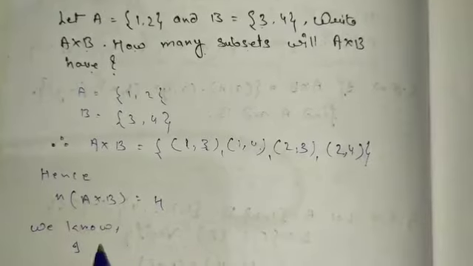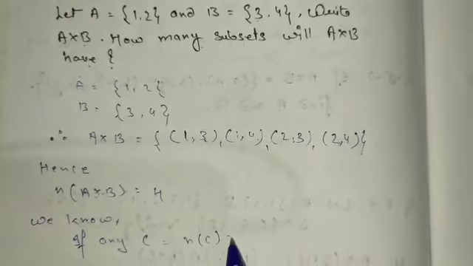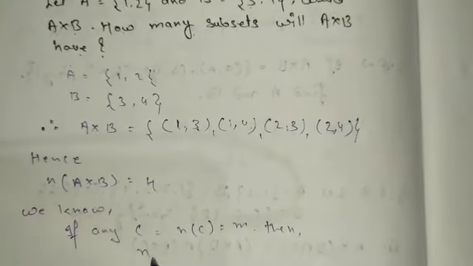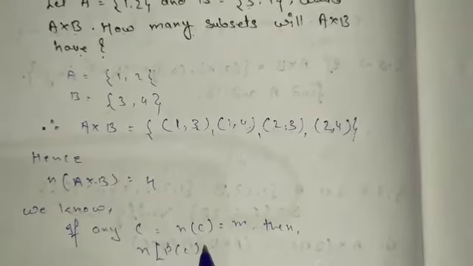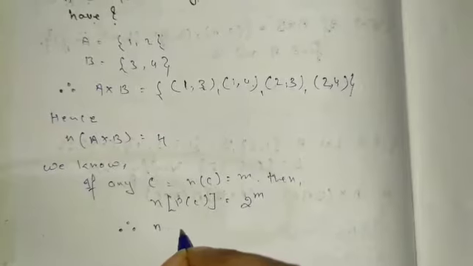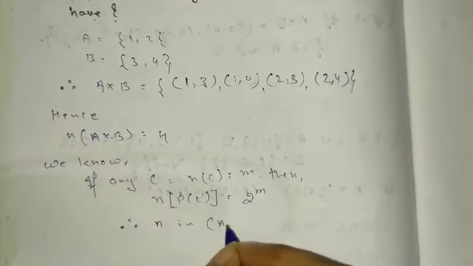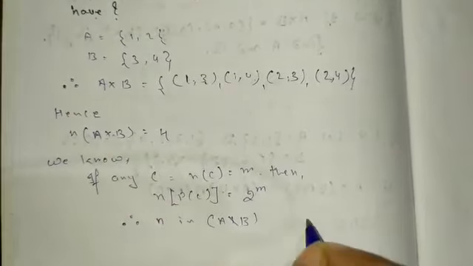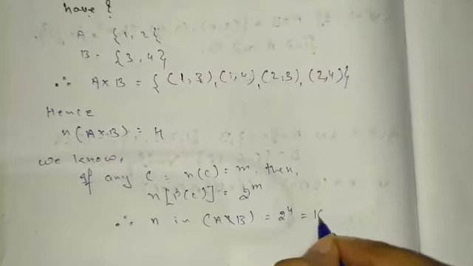Now, if any set C has number of elements equal to m, then the number of elements in the power set of C will be 2 to the power m. Therefore, the number of subsets in set A into B will be 2 to the power 4, that is 16.